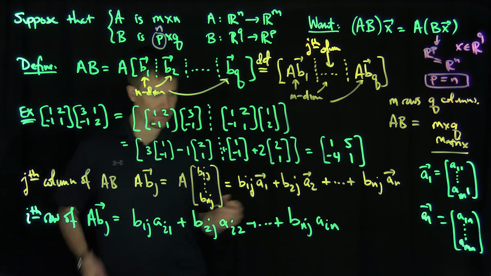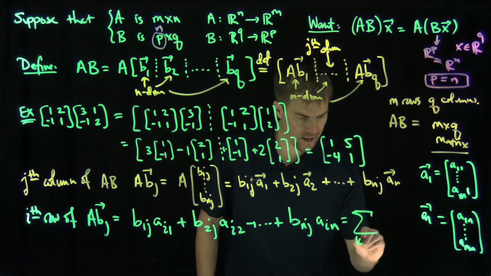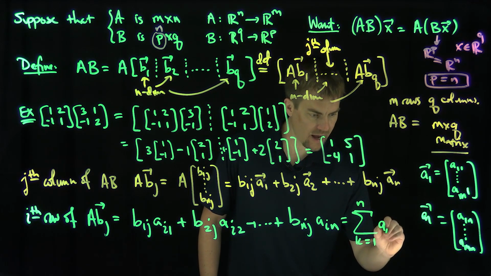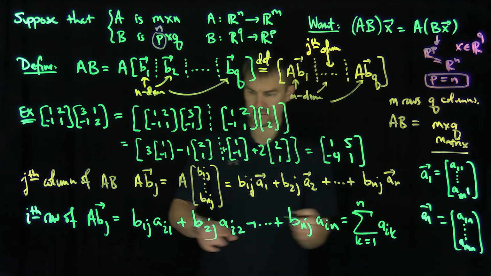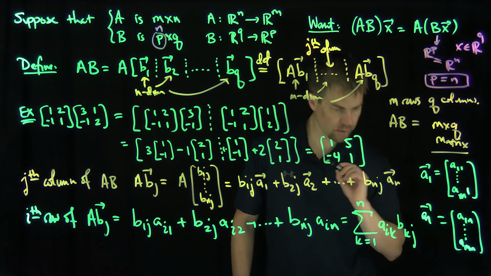And so what we see over here, I'm going to write this in sum notation. In sum notation, this is just the sum, k goes from 1 up to n, of Aik. I'm summing over the second entry over here. And then Bkj.